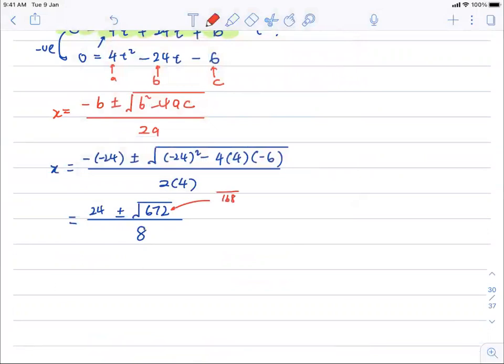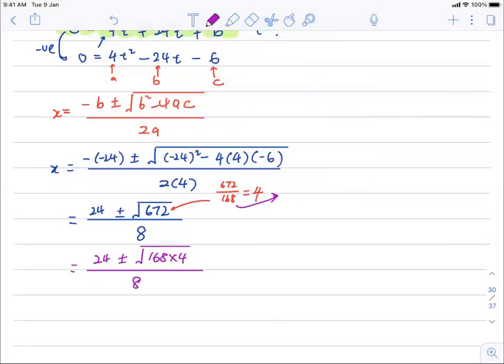So I divide this, 672 divided by 168 would be, we get 4. So next one becomes 24 plus minus square root 168 multiplied by 4. Because this one moves over, 4 multiplied by 168, we get back 672.